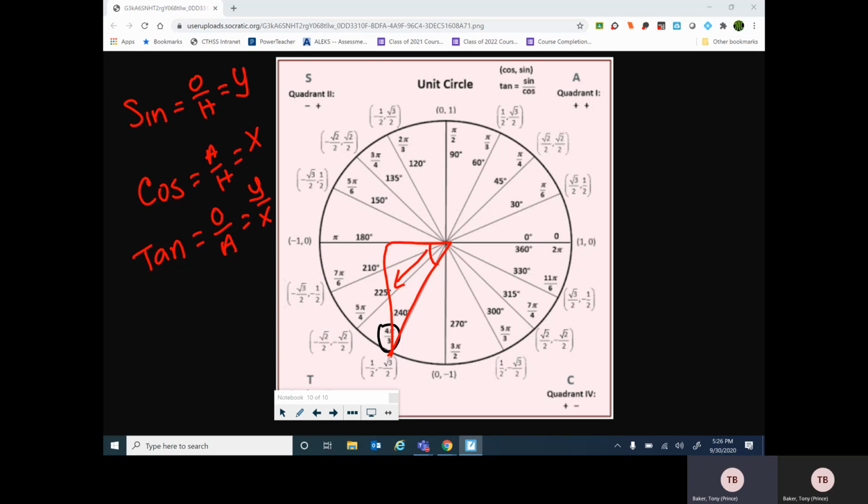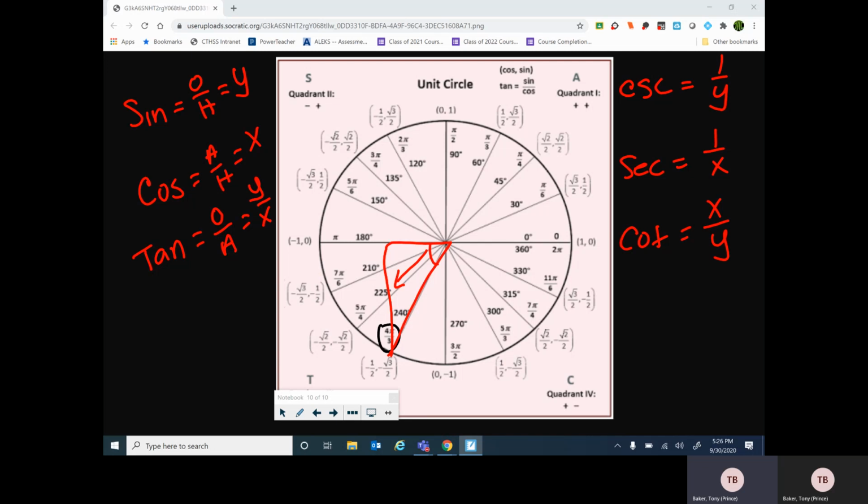The reciprocals of those: cosecant is 1 over y. Secant is 1 over x. And cotangent is x over y. So whenever they're asking you for exact values, you're going to go to the unit circle because that's the only way for us to get exact values.